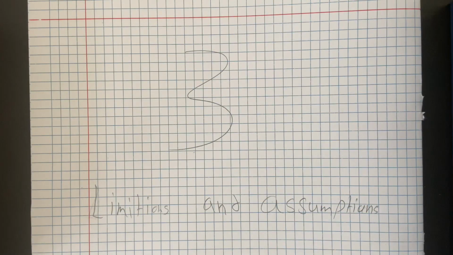So, three limitations and assumptions. The first thing that I didn't know was the degree of accuracy. So I had to research that, and I actually found a very good source, which I'll put in the description of the video. This source helped me a lot to find the answer that I wanted and to move to the next part.